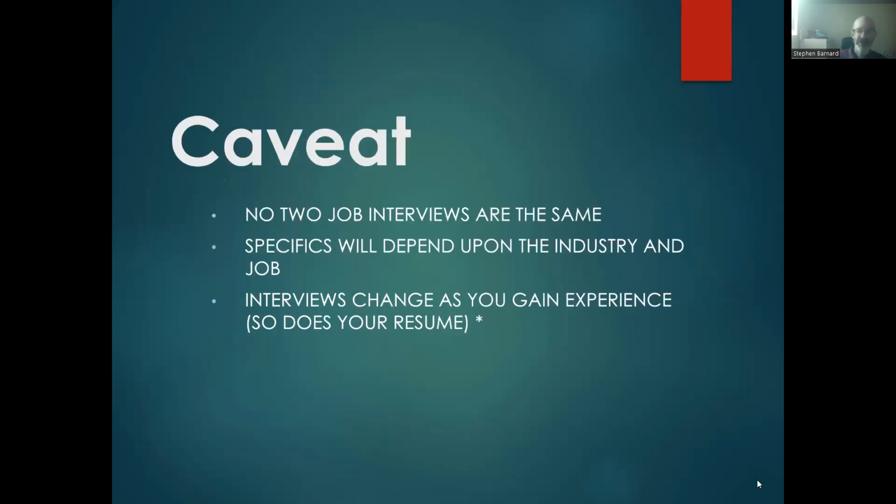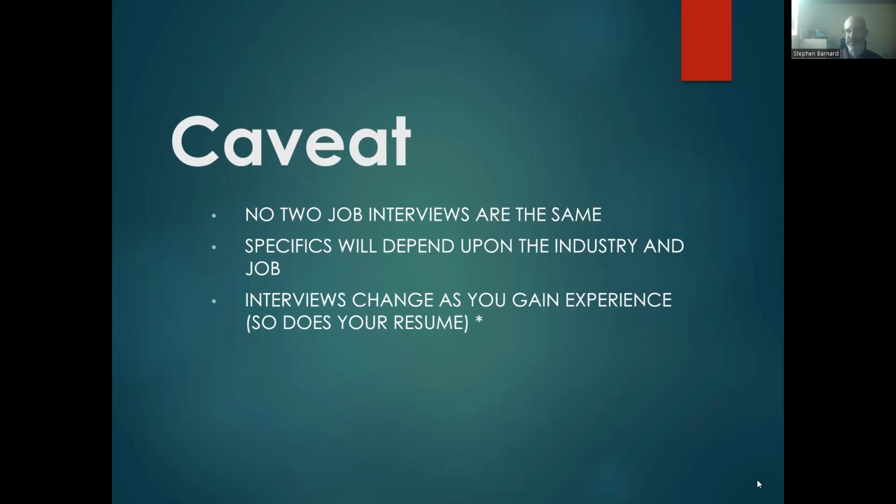Okay, just a quick disclaimer here. No two job interviews are the same. Not only are interviews different depending on which industry you're in, but interviews also change as you gain experience.